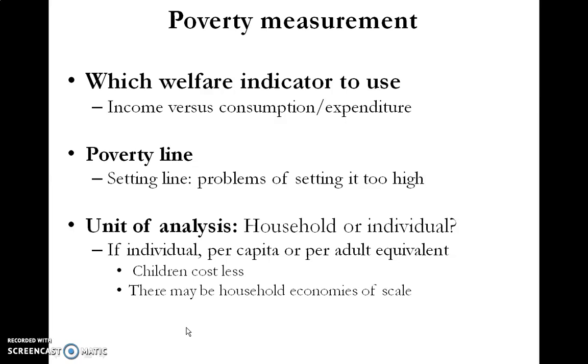You also need to decide on the unit of analysis. Are you going to measure poverty at a household level or at an individual level? If individual, per capita or per adult equivalent, you need to consider that children cost less, and that in larger households there may be economies of scale that come into play.